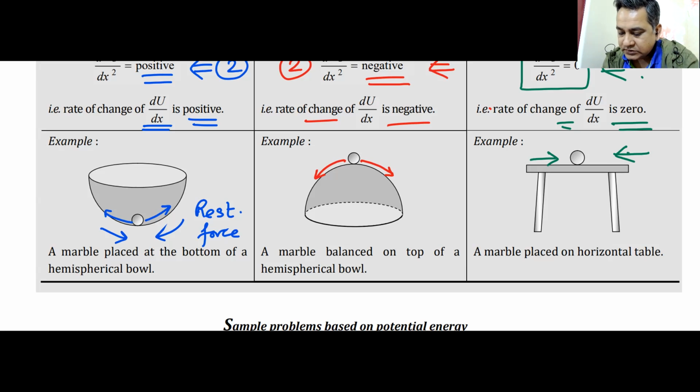Three examples: stable, unstable, and neutral equilibrium. I'll give you a minute to think about it. If anyone has any doubts, anything that you have not understood, I'll give you a minute. Think about it. Let me know if I can help. One minute.